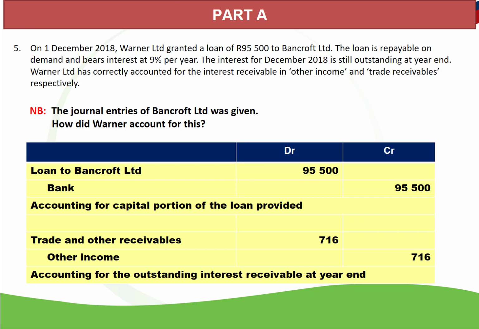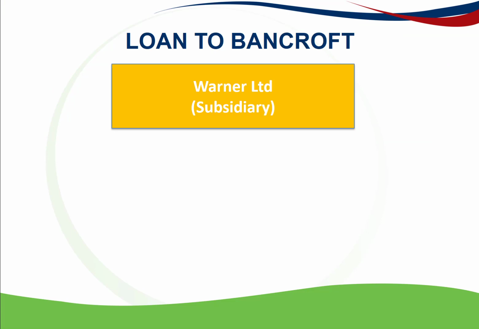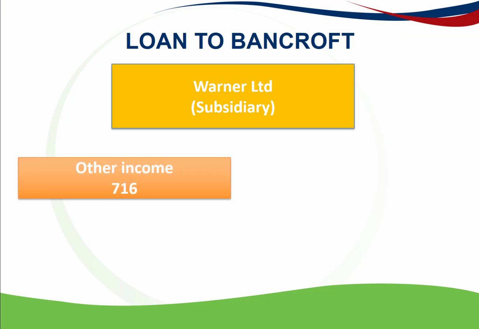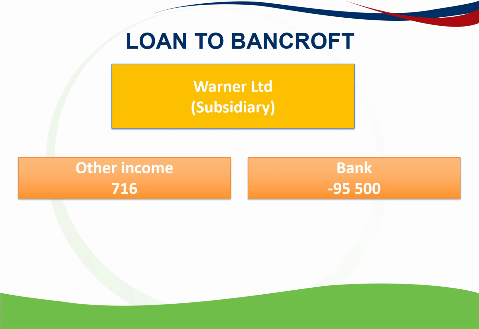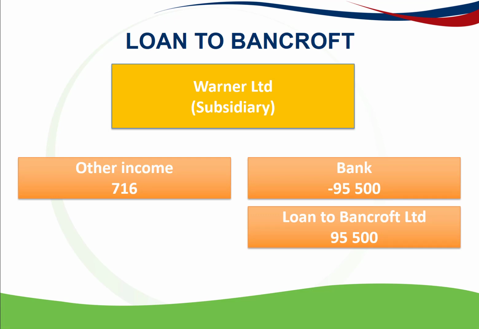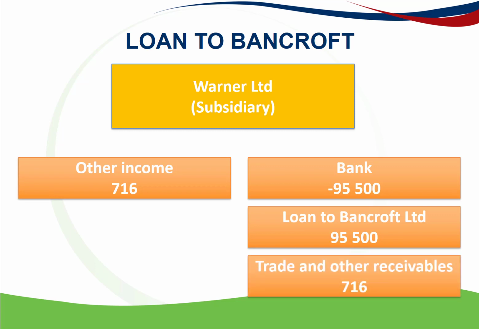The effect of this entry in Warner's financial statements will be: in the statement of profit and loss and other comprehensive income, other income will increase by 716. In the statement of financial position, in the asset section, bank will decrease by 95,500 that was paid to Bancroft. There will also be a loan to Bancroft of 95,500 as Bancroft owes Warner 95,500, and trade and other receivables will increase by 716 due to the 1 month's interest outstanding.